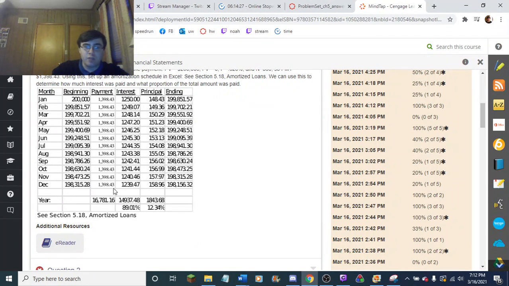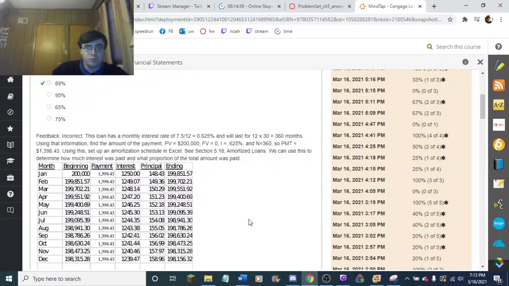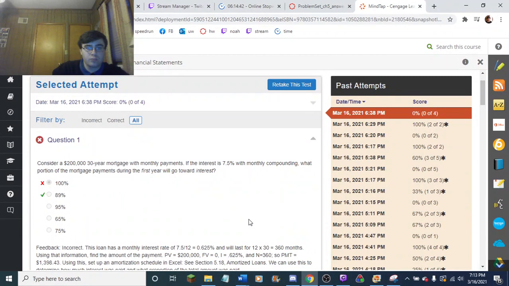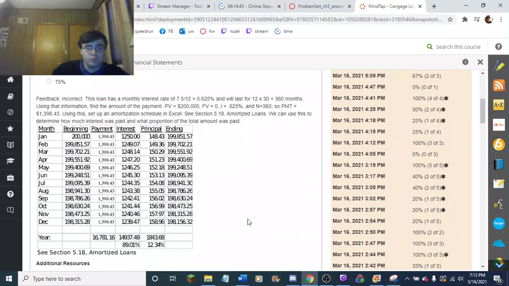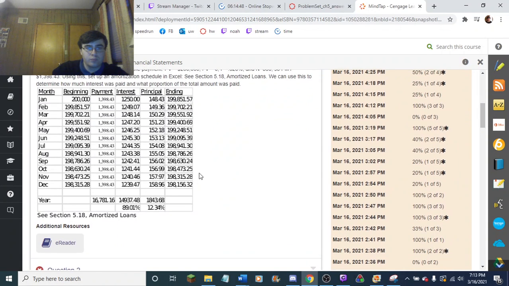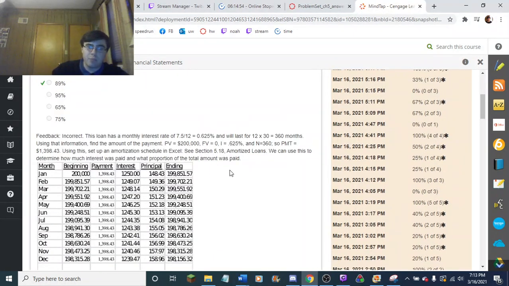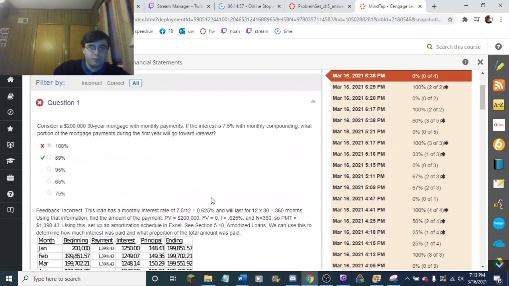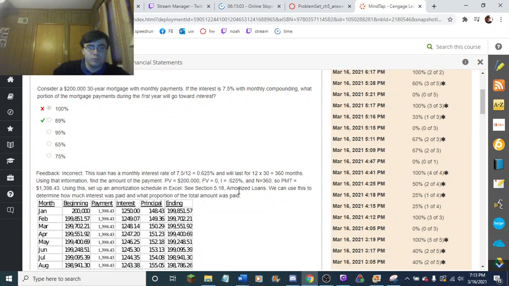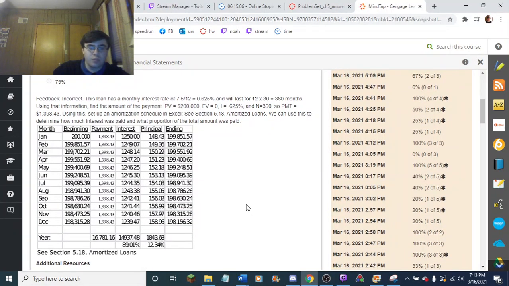Is there a way to calculate the interest or the total amount of interest here? Wait, what does principal even mean? I don't know what principal means. But it's probably irrelevant to the question anyways.